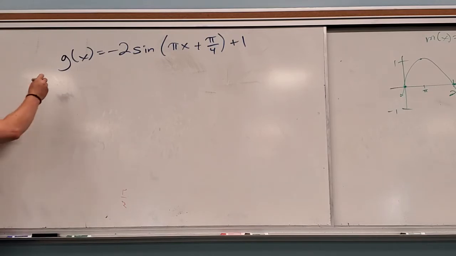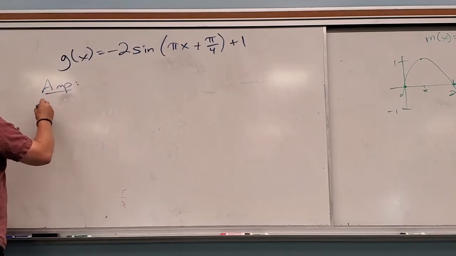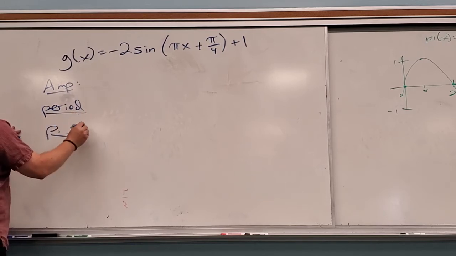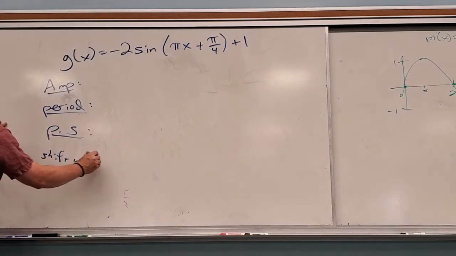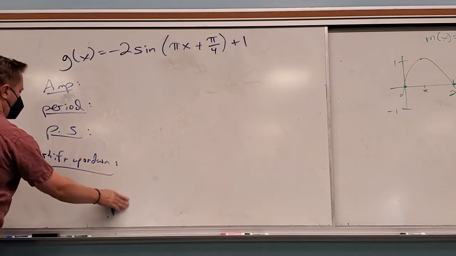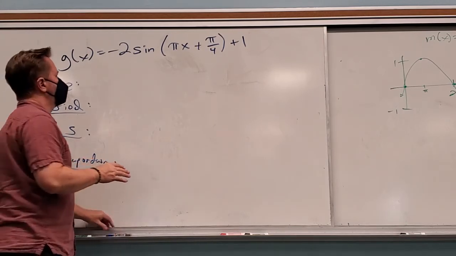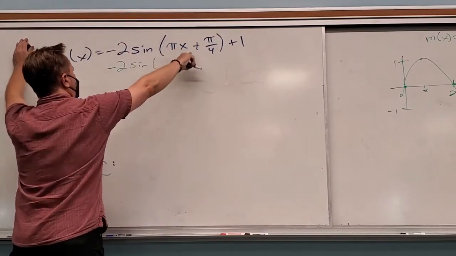Let me ask you, can you figure out the amplitude? You've got to be a little careful. Period, phase shift, I'm just going to call it PS, and shift up or down. Can you figure out all those things? Basically, the first thing you want to do is factor the inside.